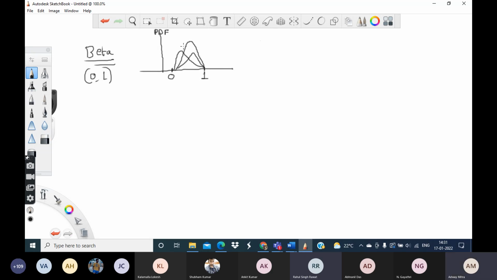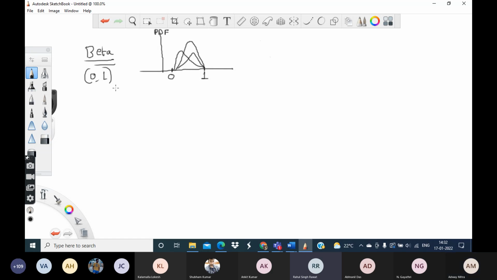But whatever it is, it will roughly be this kind of a curve. Before 0 the PDF is 0, then it gradually rises, reaches some kind of a peak, and from there it comes down again till 1. Exactly where that peak will occur depends on the parameters.